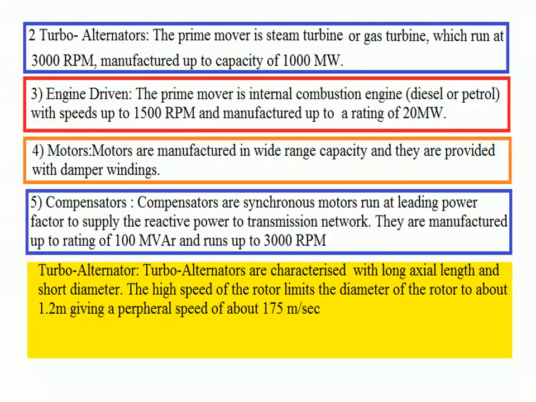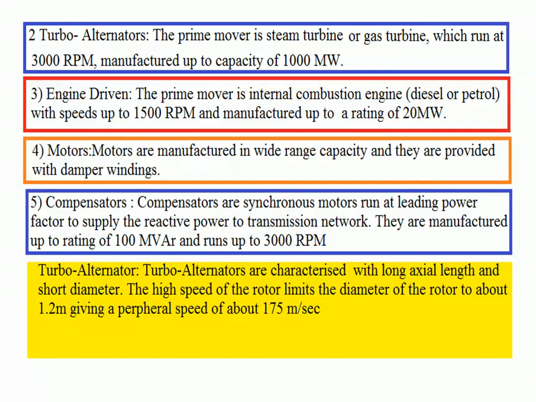Next, we have turbo alternators, which are used in steam power plants for generation. In this system, the prime movers used are steam turbines or gas turbines. Generally, these are useful for high speed applications such as 3000 rpm and manufactured in the rating of 1000 megawatts.